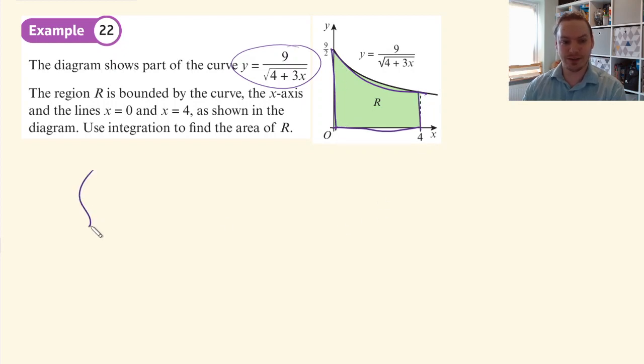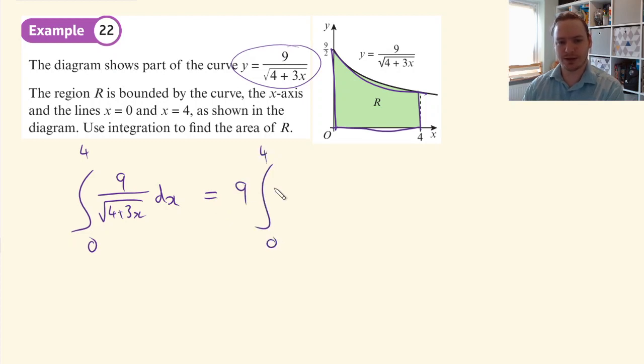And what that means is we need to integrate between 0 and 4 the function 9 over root 4 plus 3x. And we can make our life a bit easier because 9 is a constant, so that can pop out. And then we're integrating 4 plus 3x to the negative 1/2.